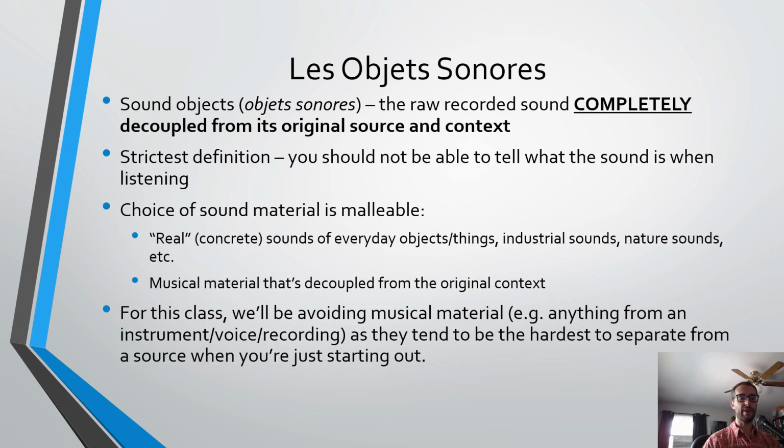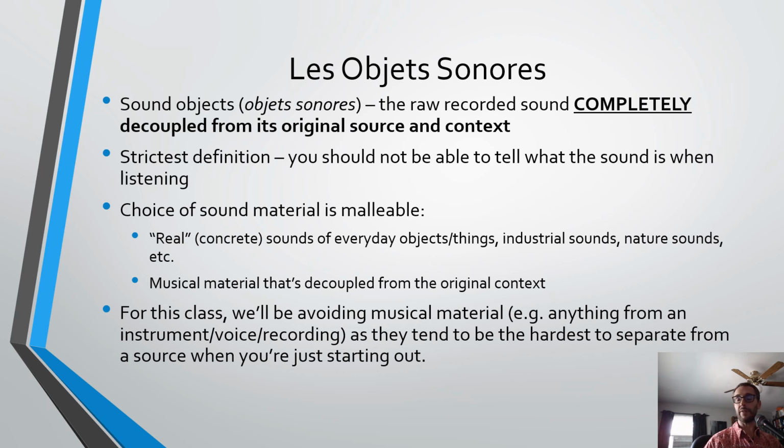Integral to the idea of musique concrète is what's called the idea of the sound object, or objet sonore in the original French. These are the raw recorded sounds completely decoupled and removed from its original source and context. So what does that mean?